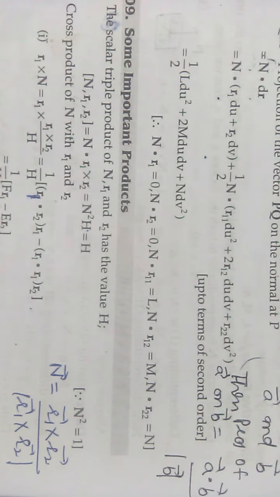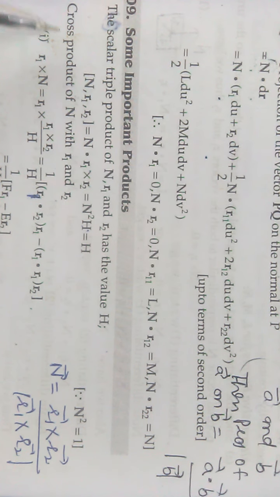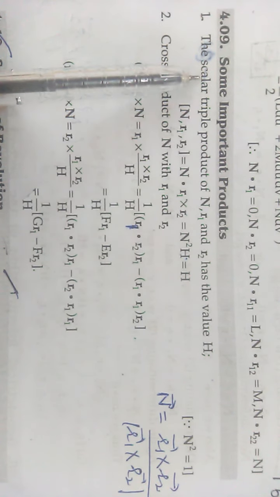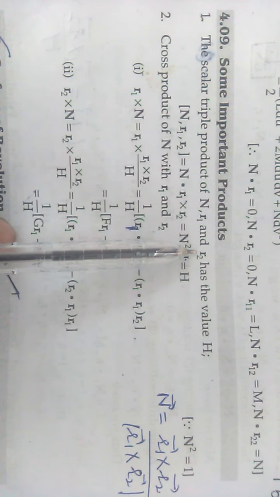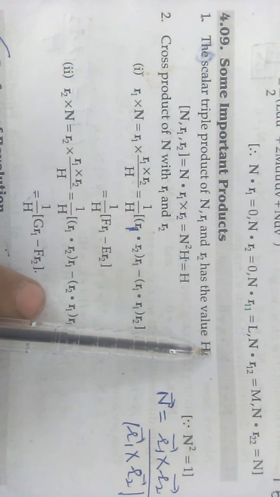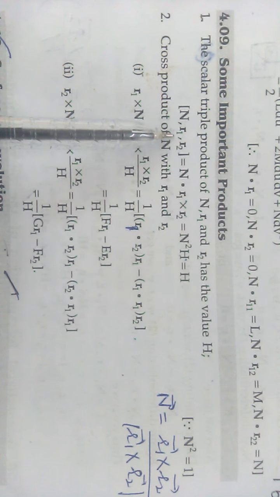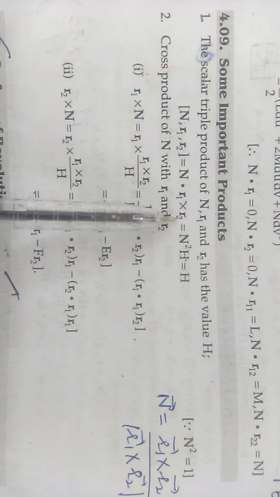Now we will show some important products which we will use in the numerical problems. The first result is the scalar triple product of the normal unit vector and the two tangential vectors r1 and r2, which has the value h. We will show this. By the definition of scalar triple product, n dot r1 cross r2.